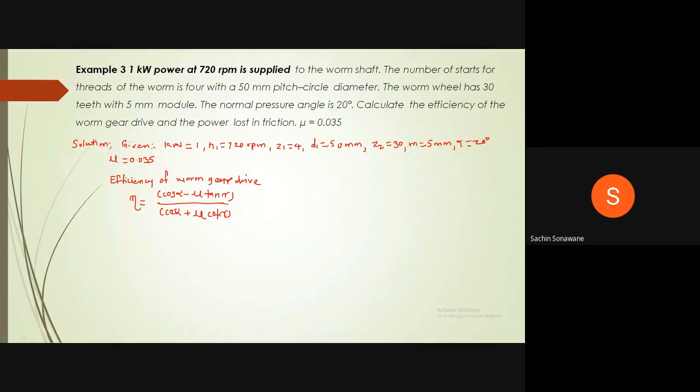In this we do not know gamma. Gamma means lead angle. Alpha they have given, mu they have given.